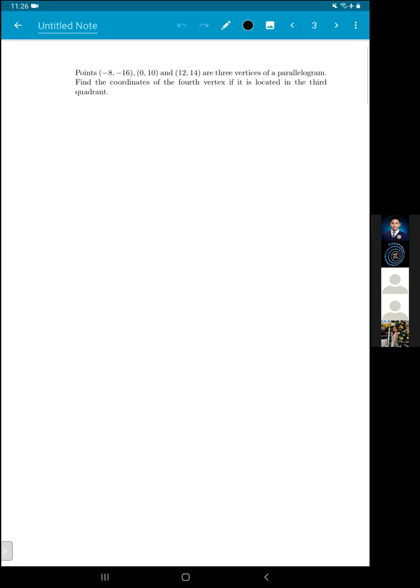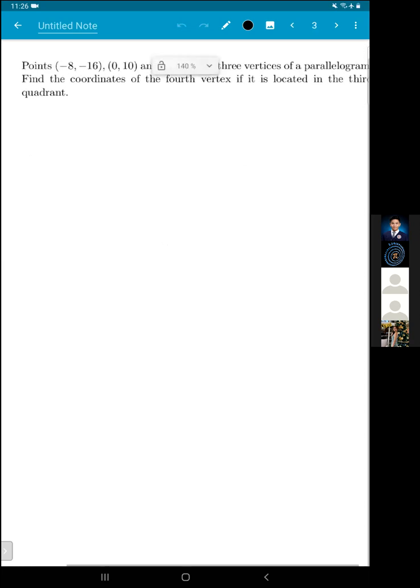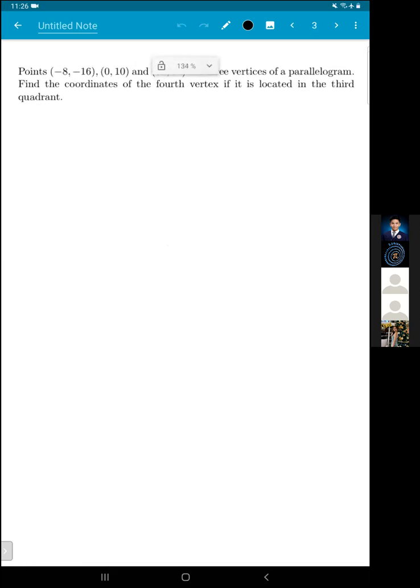Next. So medyo challenge problem ito. Points -8, -16, 0, 10, and 12, 14 are the vertices of a parallelogram. Find the coordinates of the fourth vertex if it is located in the third quadrant. Let's plot the points.